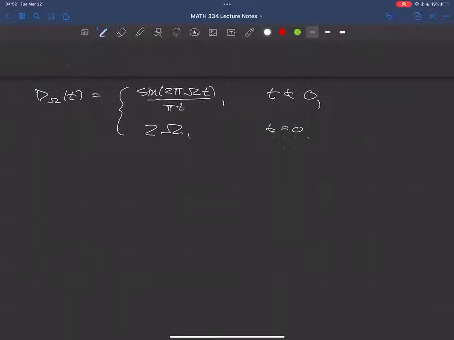Okay. And so one can show, it's hard to find these formulas, but they're interesting, so I do want to write them down.